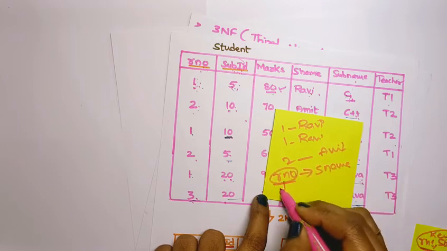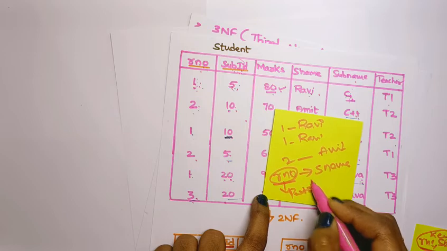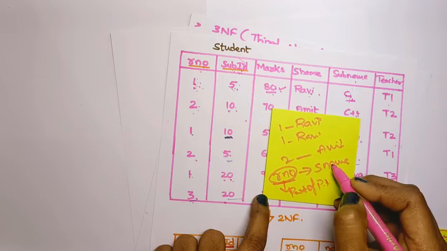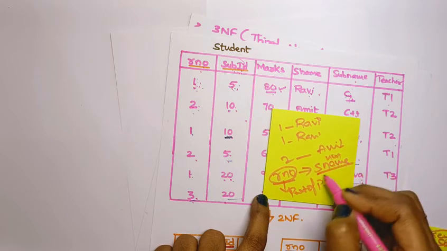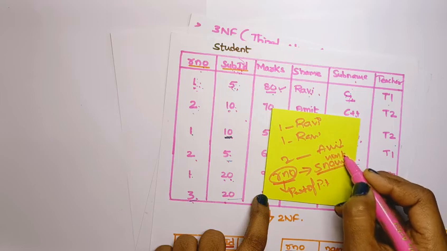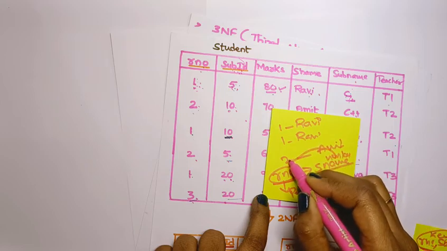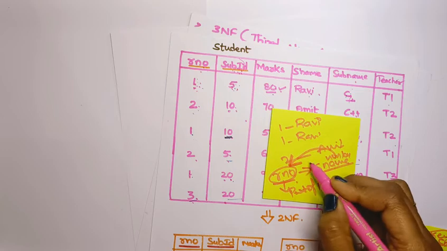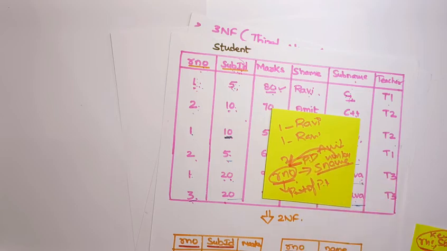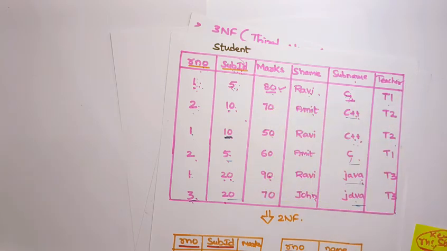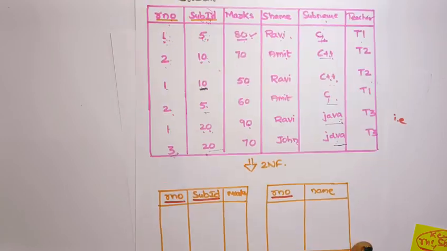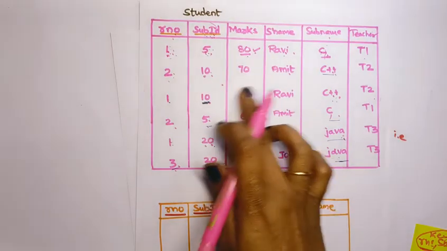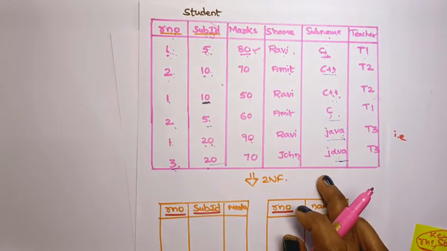But roll number is nothing but a part of the primary key. Student name is a non-key attribute depending on part of the primary key. That is a partial dependency, and such partial dependencies are not allowed in the 2NF. So now this table is not in 2NF.